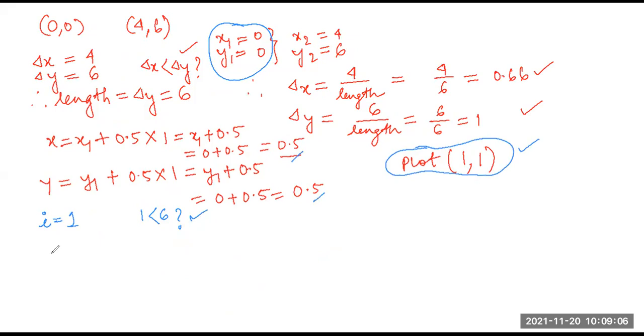So now your updated x and y is the old x and y, that is 0.5, plus del x. What is your del x? 0.66. And what is your del y? 1. So this will give you 1.16, and this will give you 1.5.